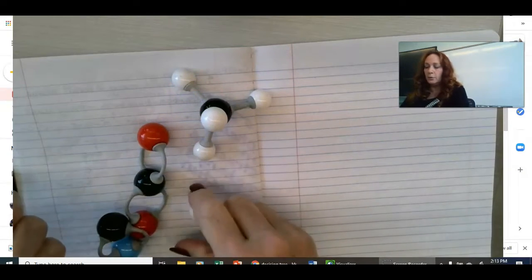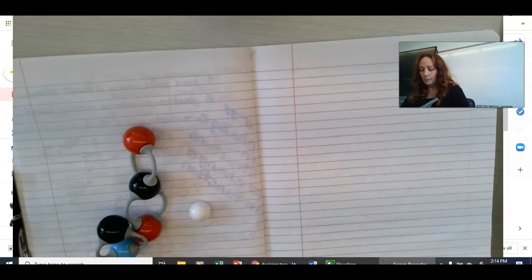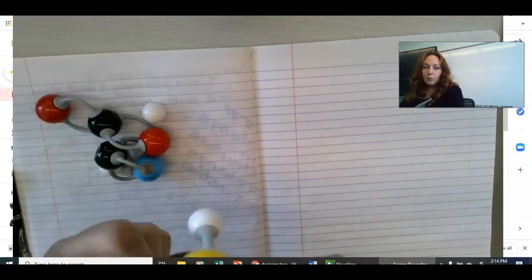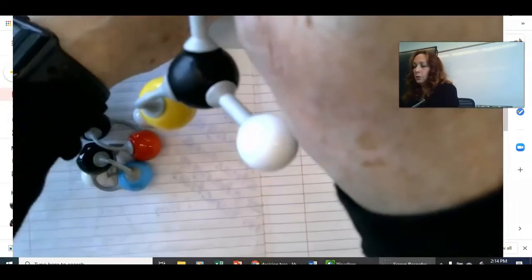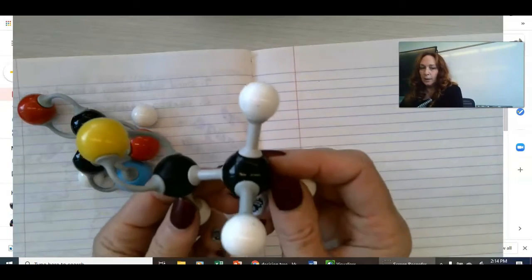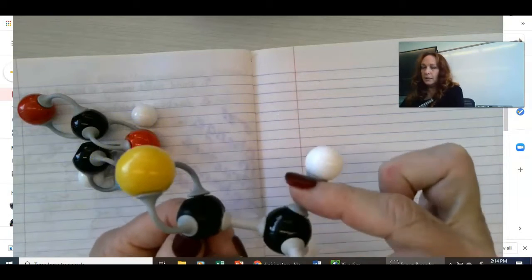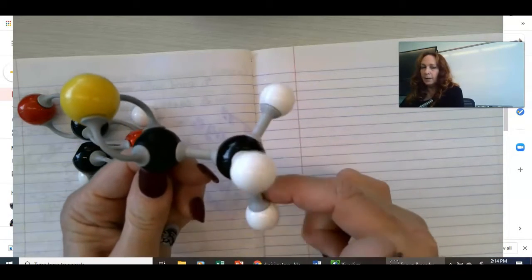So I'm going to pull this off, and I'm going to have a carbon-carbon bond there. When you have a double bond versus a single bond, notice that this is a single bond. Do you see how I've got free rotation around that bond?